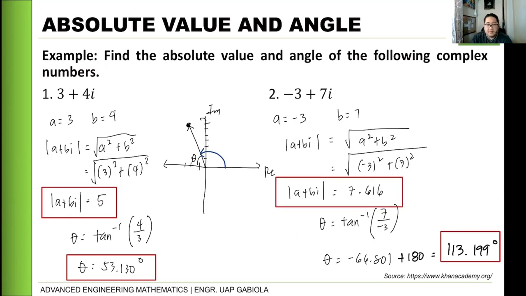Okay? Question? Okay? Basta be mindful tayo na if ever mapunta sa ibang quadrant, halimbawa dito sa quadrant na to yung angle natin, and then when we use tangent, ito yung angle na yon. Okay? So, dapat plus 180 naman tayo. Okay?